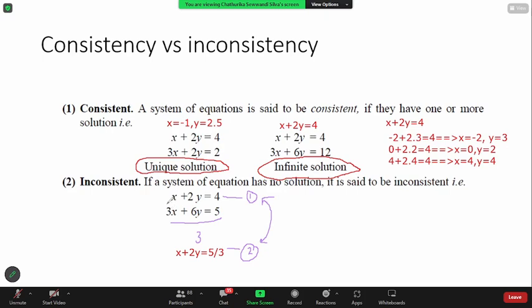They are equal. දෙකේම තියෙන x ධන 2y. So in both cases, the left-hand side is x plus 2y. But look at the right-hand side. x plus 2y is equal to 4. x plus 2y is equal to 5 divided by 3. එකක් කියනවා x ධන 2y සමානයි 4යිලු. අනිත් එක කියන x ධන 2y සමානයි 5 බෙදීම 3යිලු. So is it possible? එහෙම වෙන්න බෑනේ නේද?